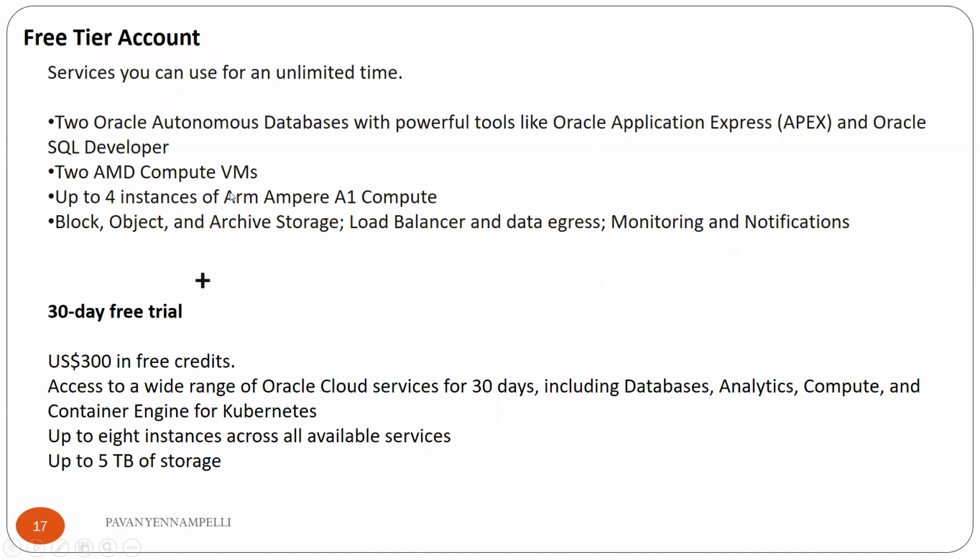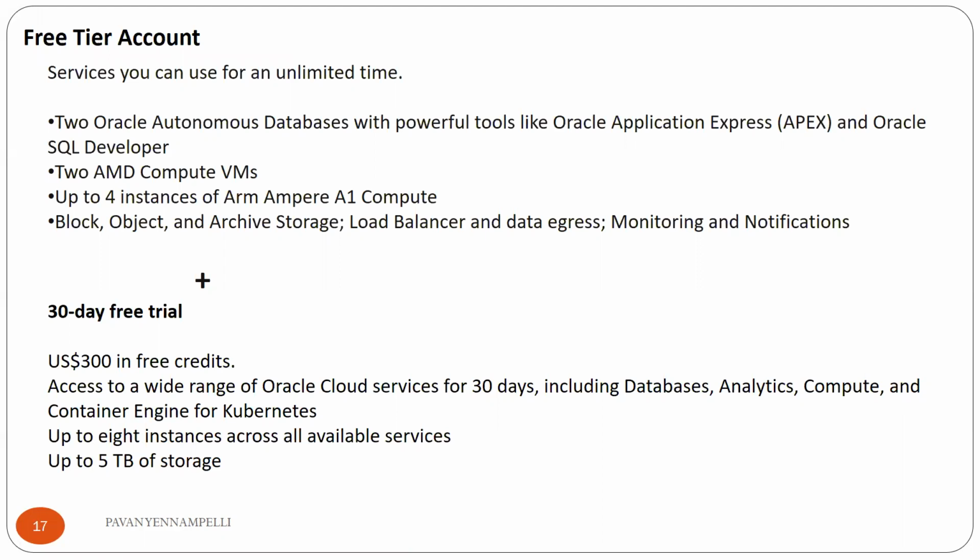Apart from these services with the free tier account, you'll be getting $300 rewards in your Oracle Cloud account. With these $300, you can use resources like databases or analytics, cloud computing, content, Kubernetes, and these resources you can use for 30 days or until this $300 is expired or consumed.